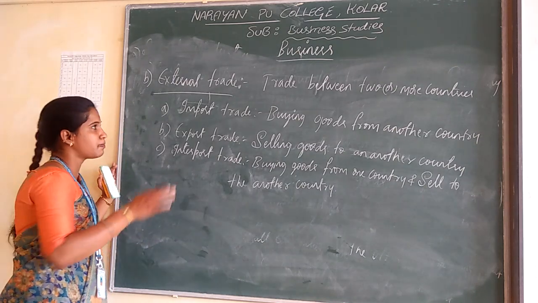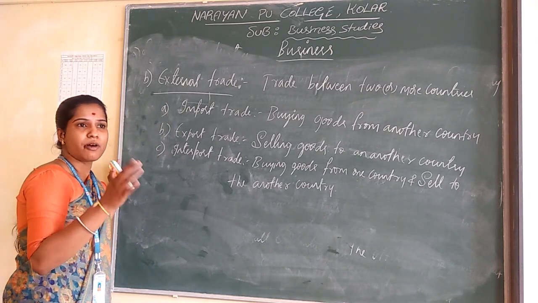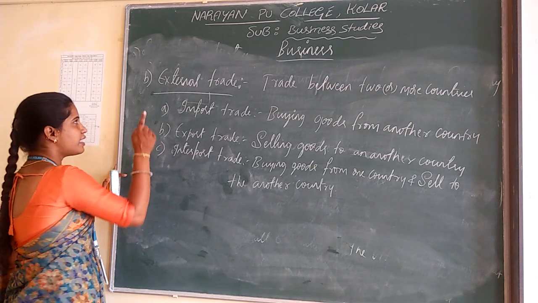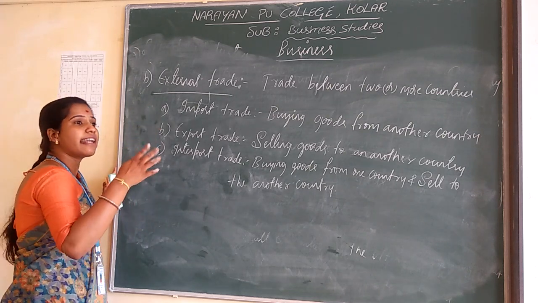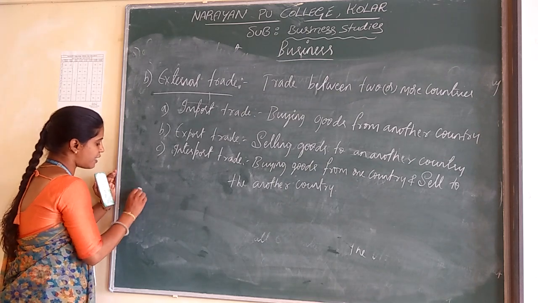And next one is, here in this business activity chart, the commerce can be broadly classified into two types. The first one is trade, it is completed now, and the next one is auxiliaries to trade.